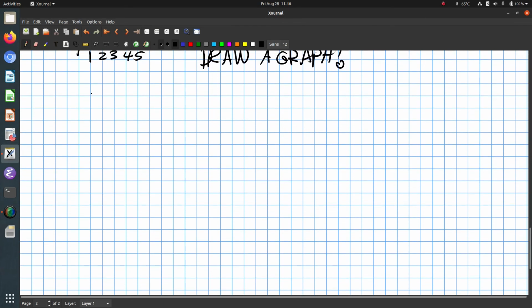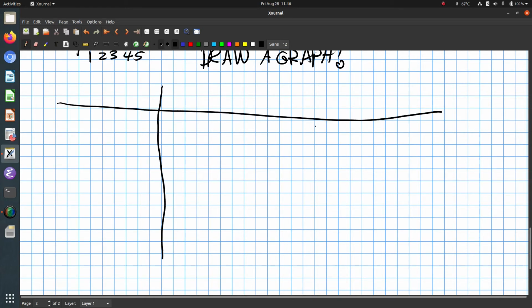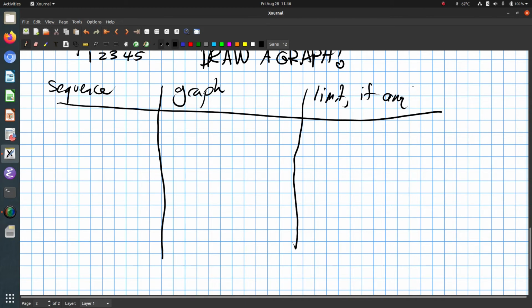So, for instance, let me give you a few sequences, give you a quick graph, and tell you then what the limit is. Sequence, graph, limit, if any.